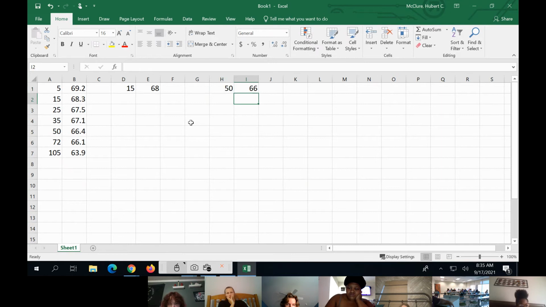All right, do it. Use your algebra skills that you learned back in pre-algebra, algebra 1 and algebra 2, and find the slope and the equation with those two points.